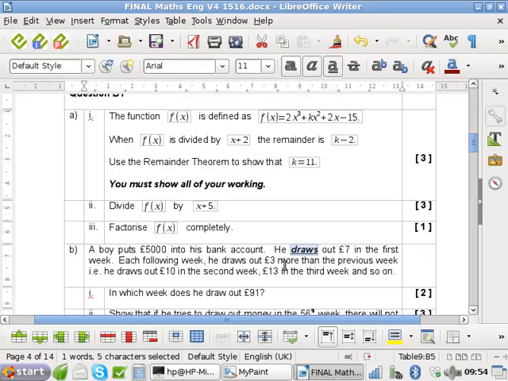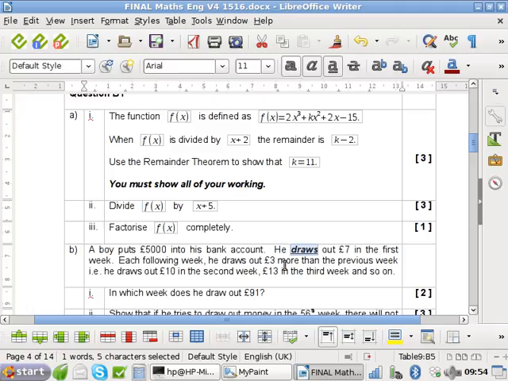Very good, it's withdraw. Take out money. But nobody says this. Maybe he literally draws. Anybody less than 40 years old, or definitely less than 30 years old, would never say draw money. They would say withdraw, or more commonly take out.